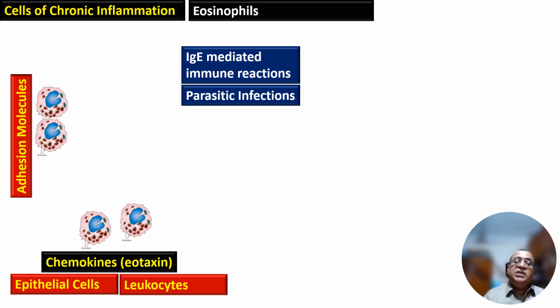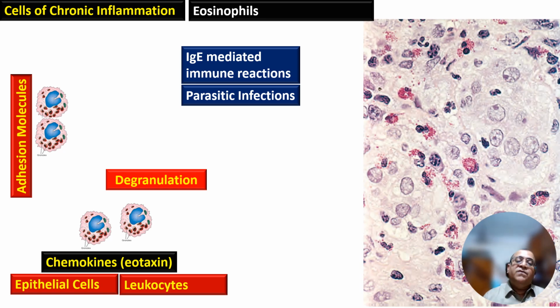These chemokines are responsible for their adhesion, and whenever they bind, there is the start of their degranulation, and degranulation of these eosinophils is responsible for the tissue injury and the destruction of the parasite also.